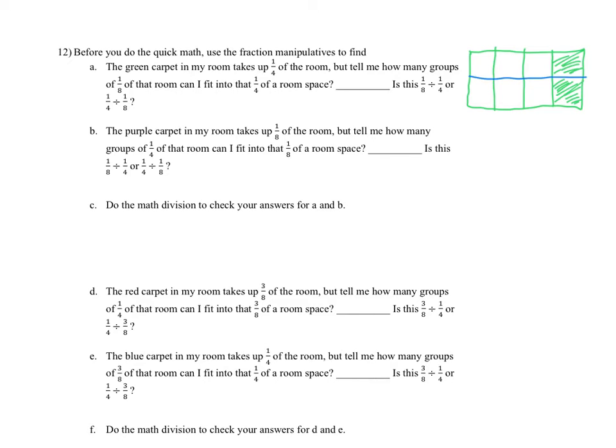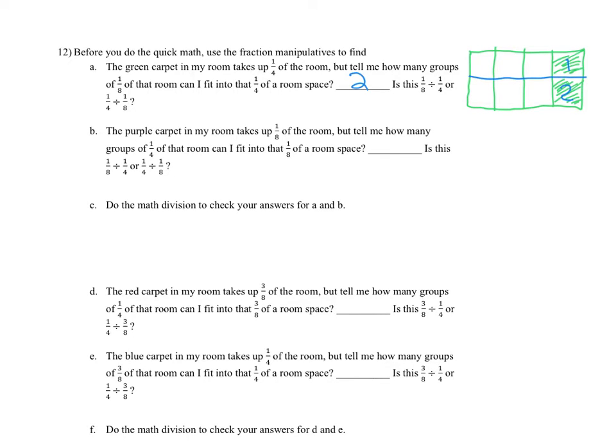So as I draw a line through that, I broke it up into 8 pieces. And I can see that there is one section of 1/8 that takes up the green carpet and a second section of 1/8 that takes in the green part. So there are two parts, so I can fit 2 of the 1/8 into the 1/4.